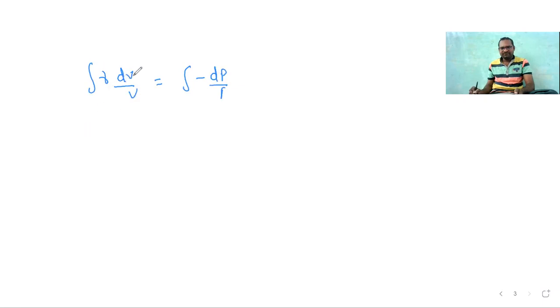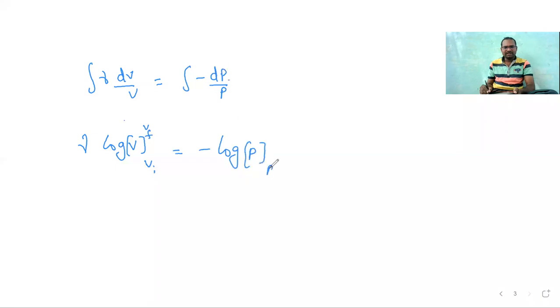Integration of 1 by V dV is nothing but log V, with limits from V initial to V final, is equal to minus log P. Same as this, integration of 1 by P dP is log P, also with limits P initial to P final.